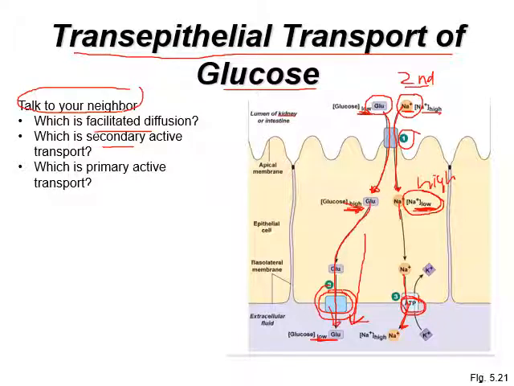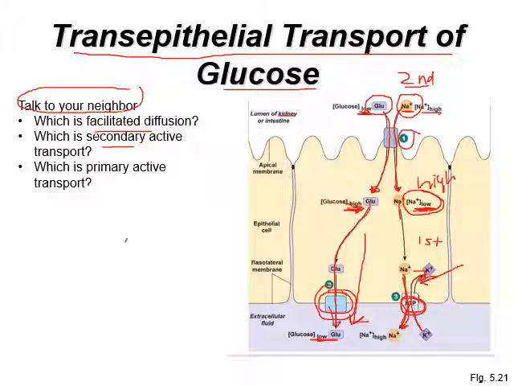So this is primary active transport. Who else do you see involved in here? We're bringing sodium out and potassium in. So I know I've harped on this throughout the lecture, but what protein is this then? Can you name me this protein?